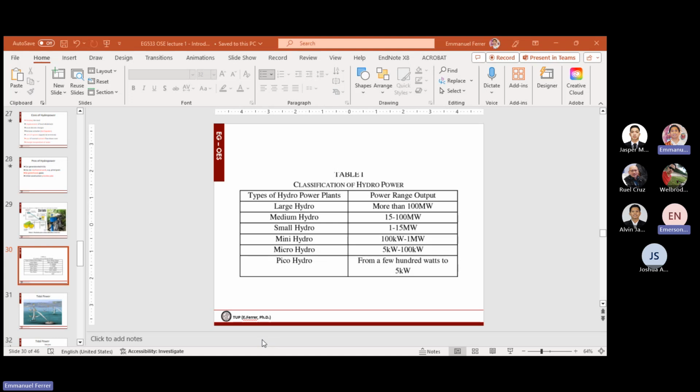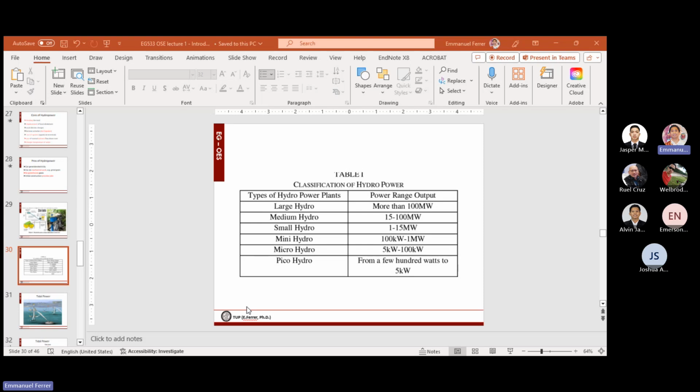Pero, teka lang, ba't ganun? Ang affiliation mo is Bataan Peninsula State University. Pero you are a project development head? Opo, sir. Sa mga infra po. Infra. Okay. Sa IDU. Kasi tawag sa amin dito sa TUP, Infrastructure Development Office. Opo, sa amin po project development.